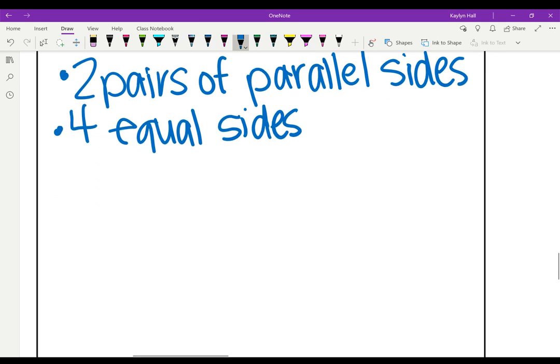So a rhombus has 4 equal sides, kind of like a square, but the angles aren't necessarily 90 degrees.